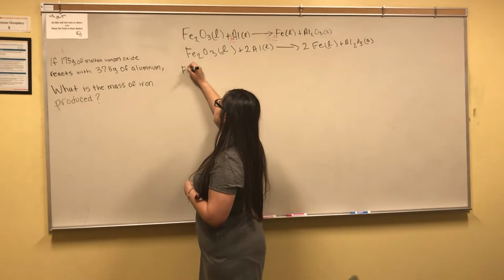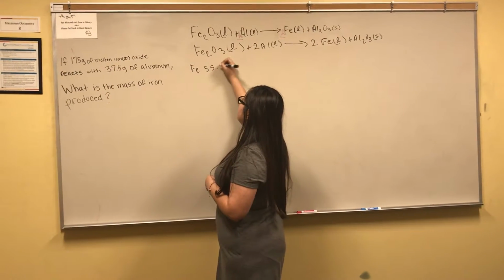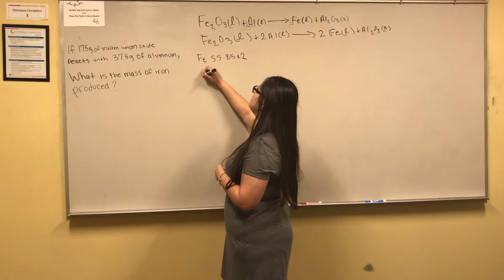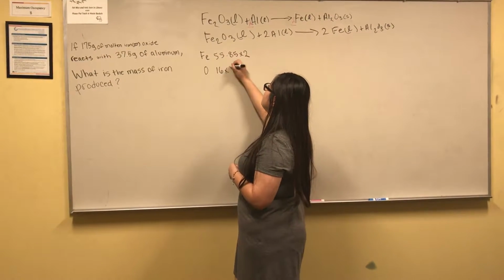Iron is 55.85, and you have to times that by 2 because there are 2, and oxygen is 16 times 3.